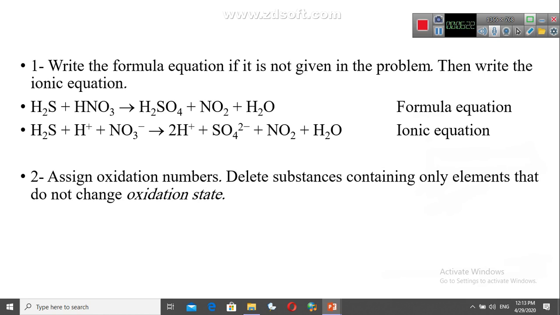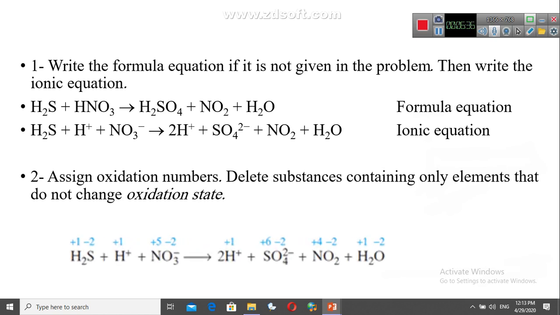If there is no change in oxidation state, delete this atom or this ion for the next step. For example, H2S: the oxidation number for hydrogen is positive 1, for sulfur negative 2, for hydrogen positive 1, and so on.